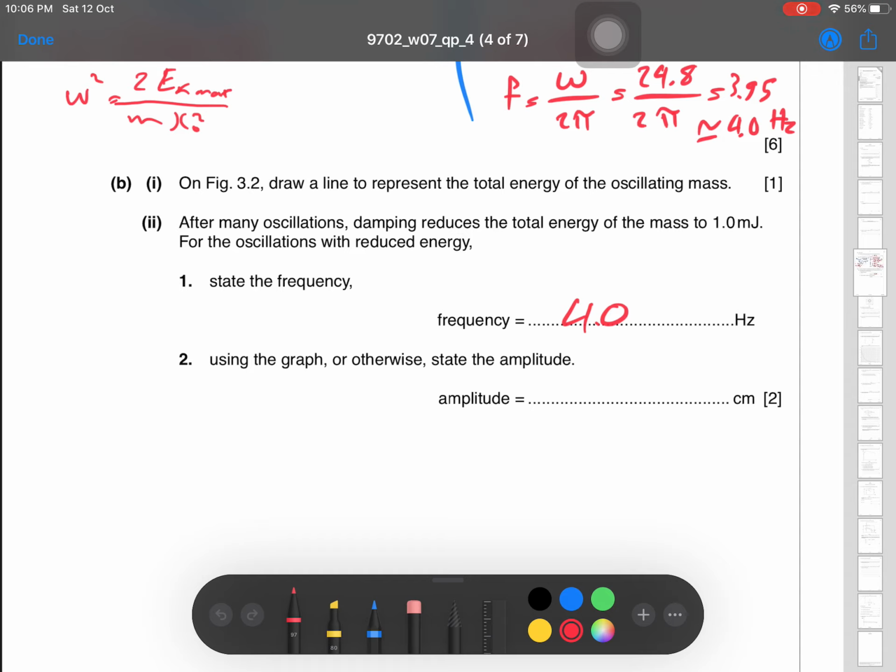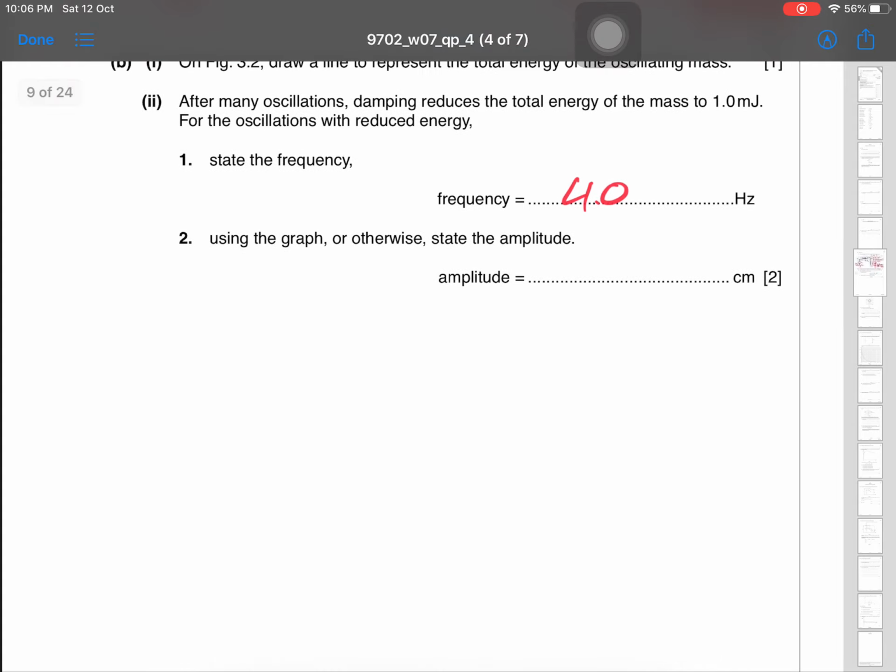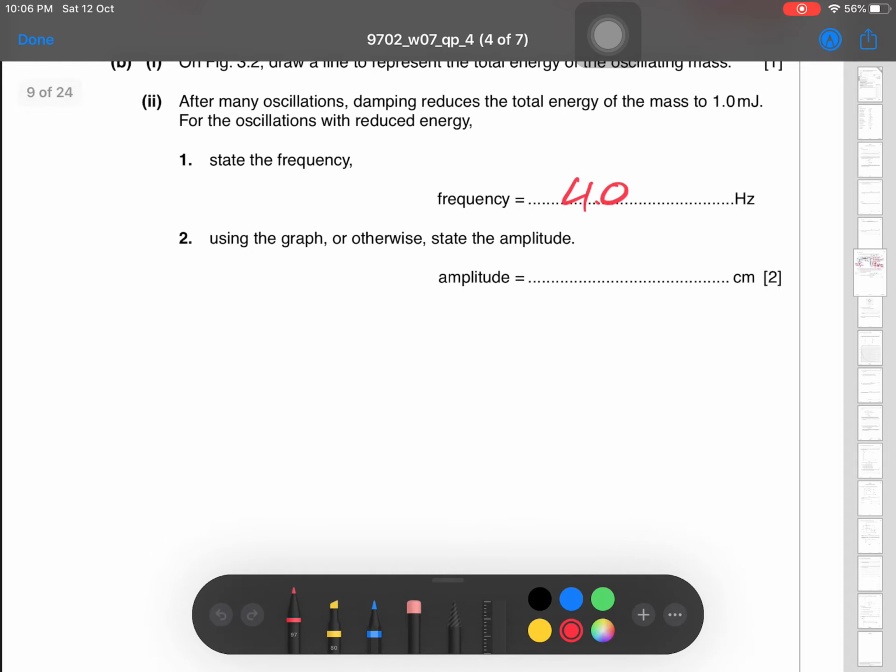We need to find the amplitude, so we are going to make a small calculation. We have the total kinetic energy and we are going to write the equation like this. Maximum kinetic energy equals half m omega squared x naught squared.